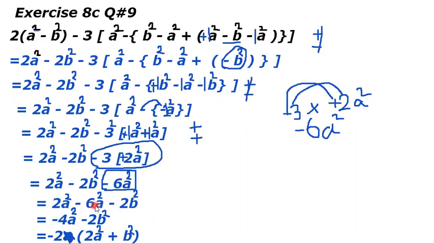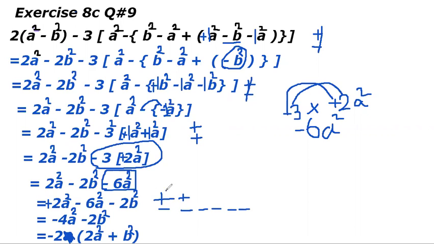Let's see what's happening in the next step. 2a square and negative 6a square give us negative 4a square. How? Its explanation is that 2a square means positive sign 2 times, and negative 6a square means negative sign 6 times.